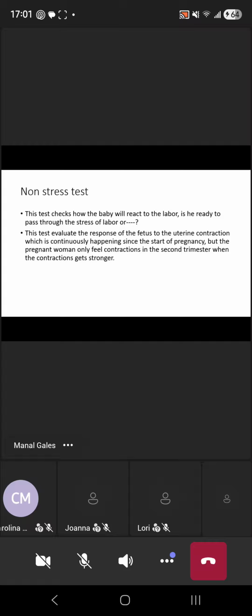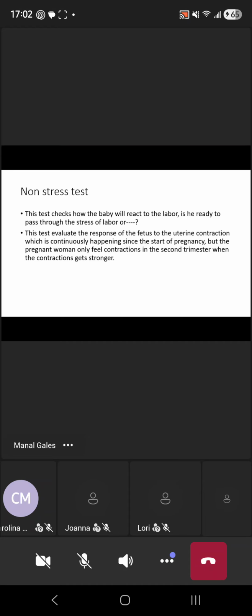We just monitor to see if he's doing okay or not. They evaluate the response of the baby, and they want to check the baby's heart, to see if the heart can tolerate it.